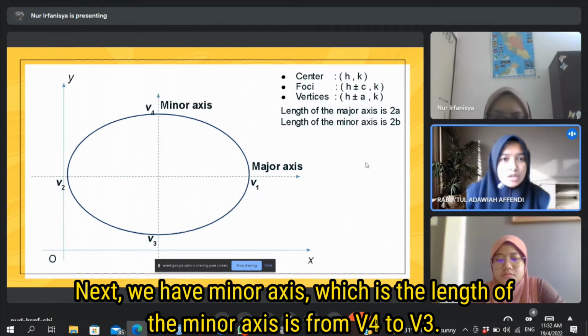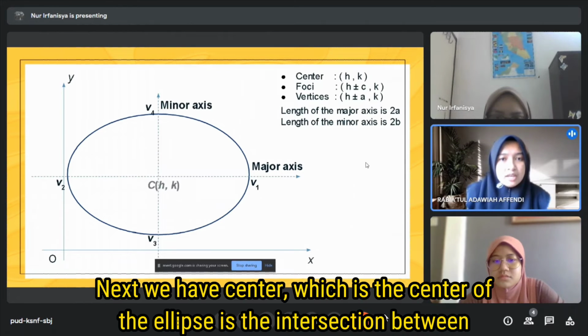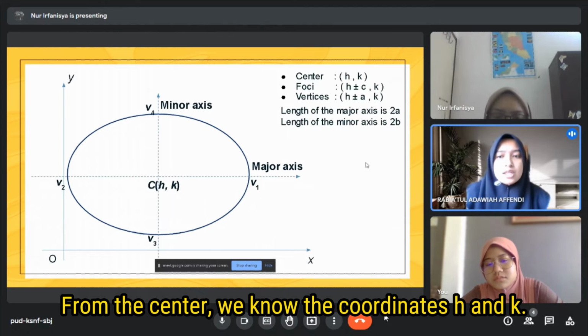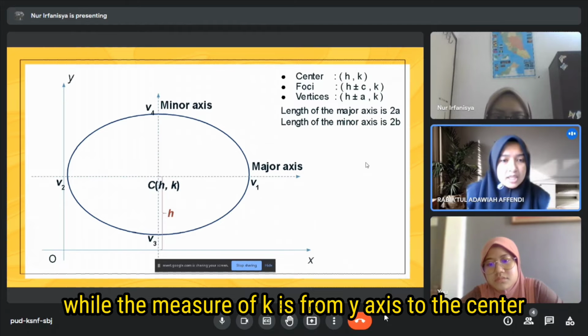Next, the minor axis, from V4 to V3, has length 2b. The center of the ellipse is the intersection of the major axis and minor axis. From the center we get the coordinates h and k: h is measured from the y-axis to the center, and k from the x-axis.